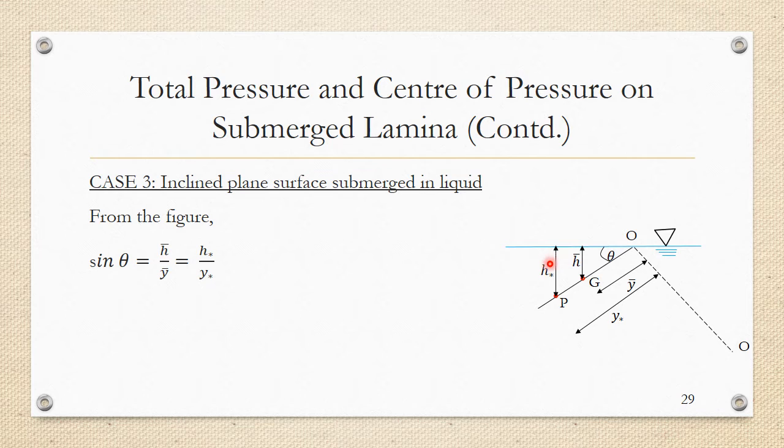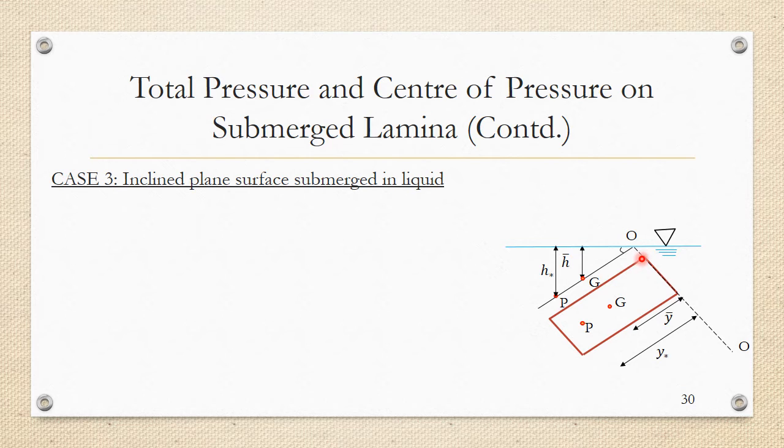It can also be written as h star divided by y star. And so I can write h bar as y bar sine theta and h star as y star sine theta. We have to keep this in mind because we will be requiring this relation in our derivations that are going to come up. So h bar is y bar sine theta and h star is y star sine theta.